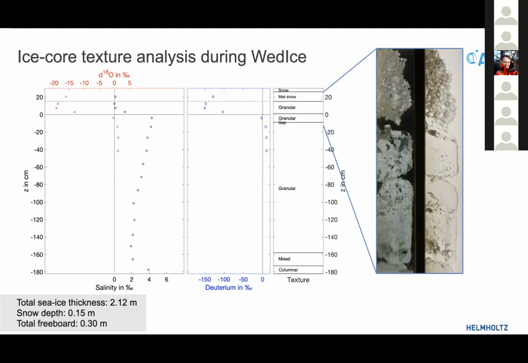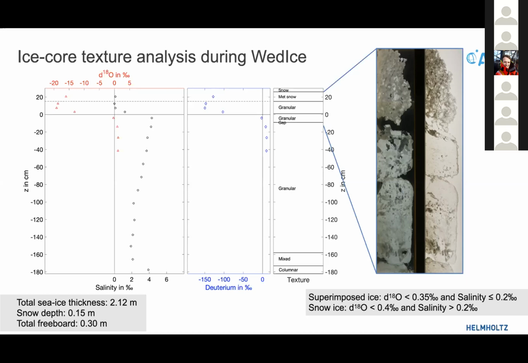What you see here now in red are the isotopes, in black the salinity measurements, and in blue the deuterium. To distinguish superimposed ice and snow ice based on those measurements, we use those two criteria shown here on the right.